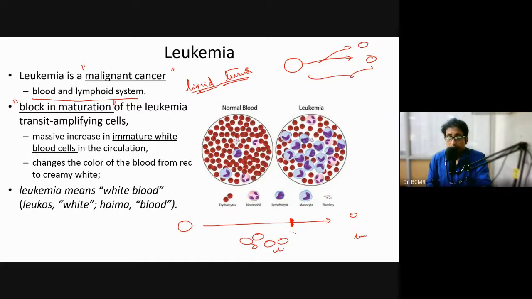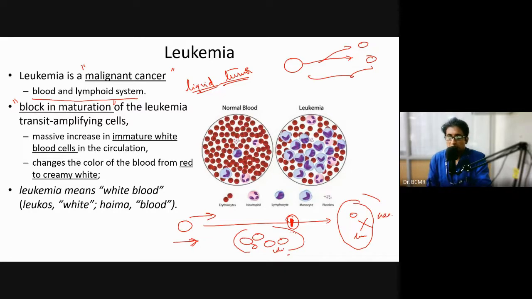As we discussed about tissue number homeostasis, there will always be dying of cells, and new cells are produced from the resident stem cells, adult stem cells. But here, when these cells die, the adult stem cell, here hematopoietic stem cell, would produce cells, but because there is a maturation block, these undifferentiated cells, or immature cells, are produced.